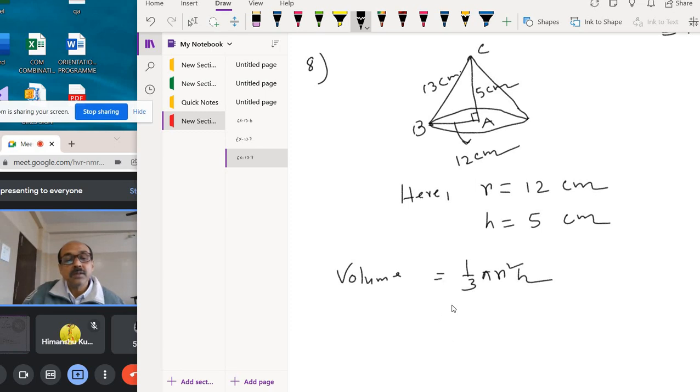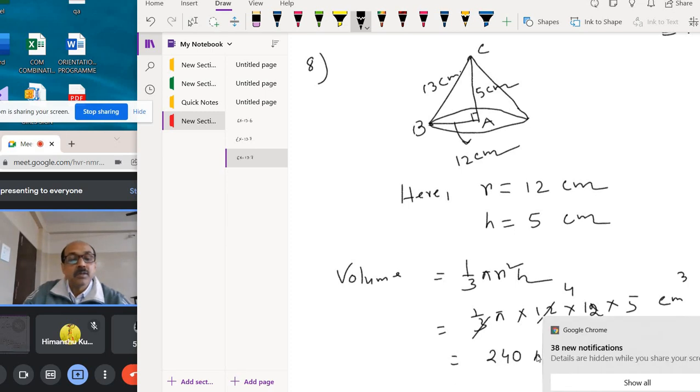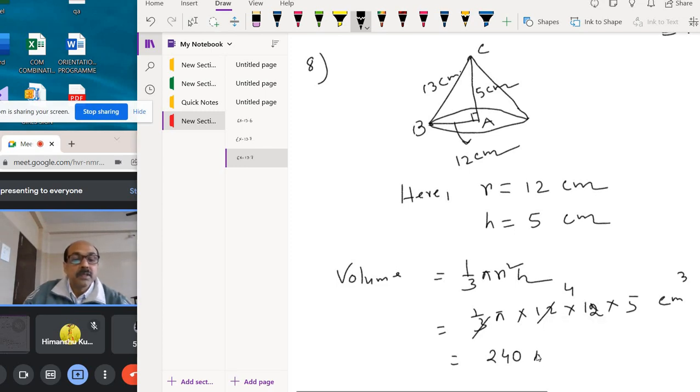So this equals 1/3 pi into radius 12, 12 into 12, and height is 5 centimeter cube. 3 4 is 12, so this equals 4 into 5 is 20, 20 into 12 equal to 240 pi centimeter cube.